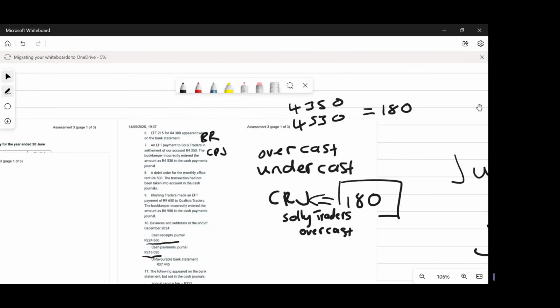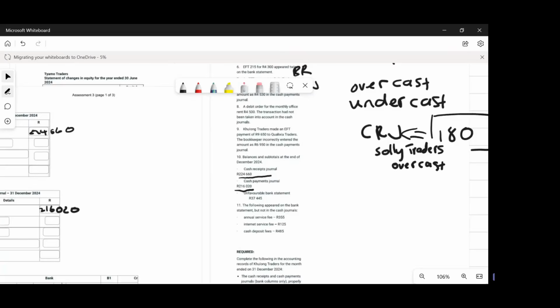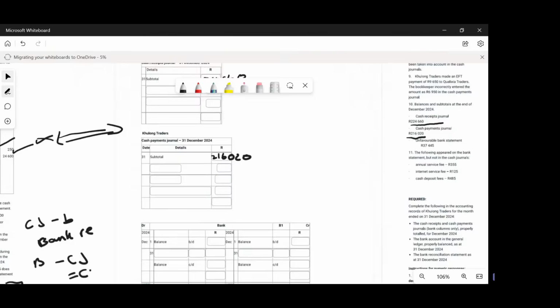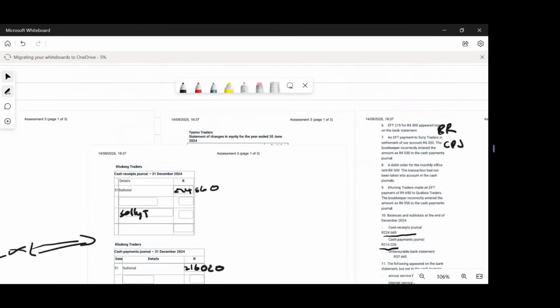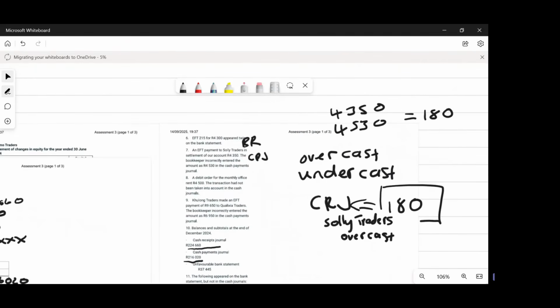Yeah. Okay. So here on the cash receipts, you record solid traders and then you record the 180. And then that other 800 for insurance, you record it here. Insurers, the name of the company, and then you balance off right there. And then you proceed to number 8. Number 8 says a debit order for the monthly office rent 4,500.